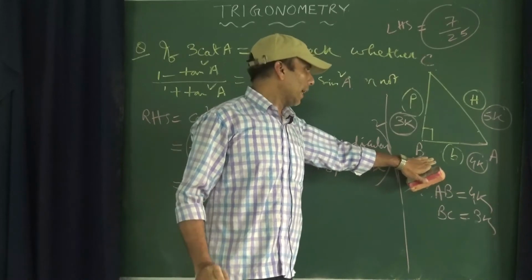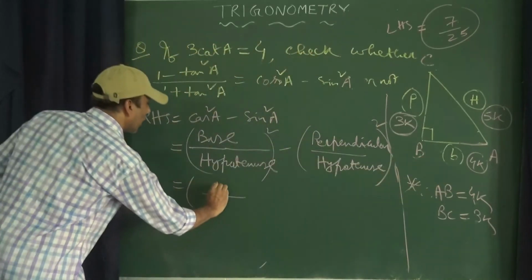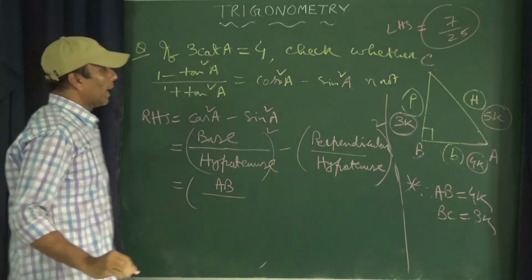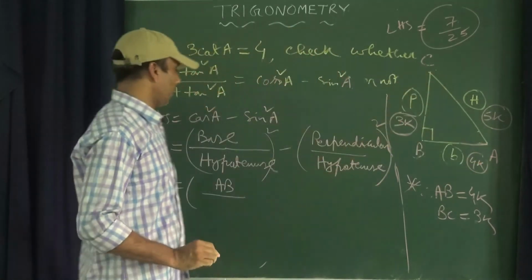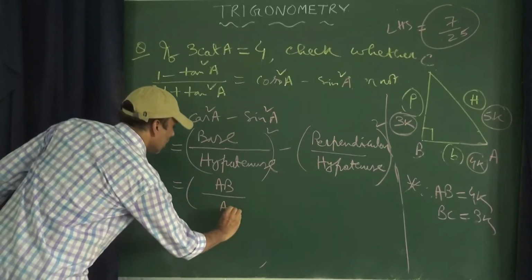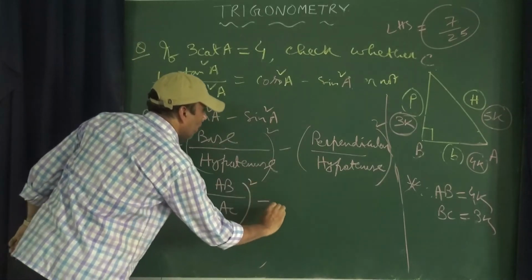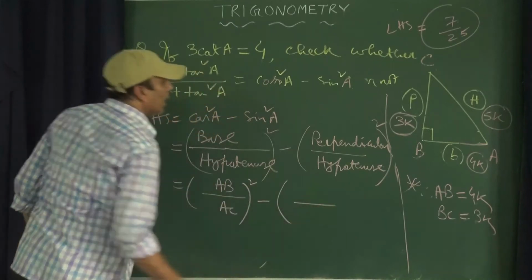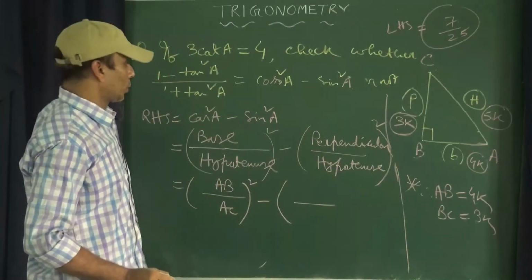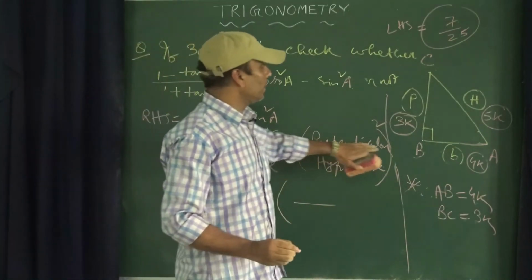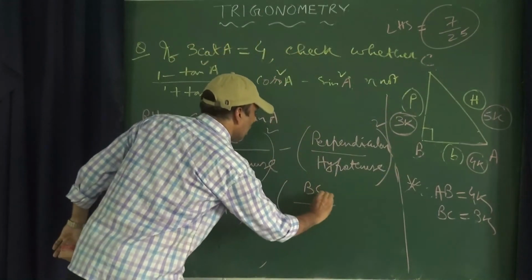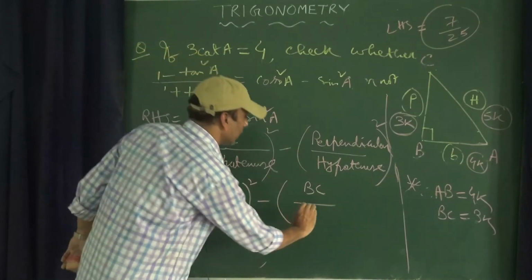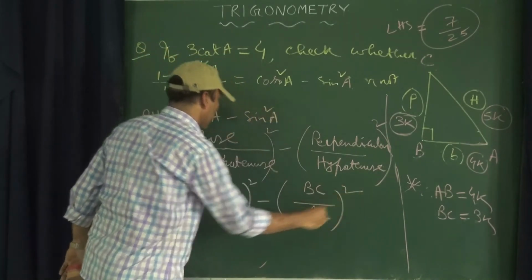Base name is AB, so it will be AB divided by hypotenuse. Which is the hypotenuse? It is AC. So AB by AC whole square minus, again perpendicular by hypotenuse. Perpendicular's name is BC, so BC by hypotenuse AC, BC by AC whole square.